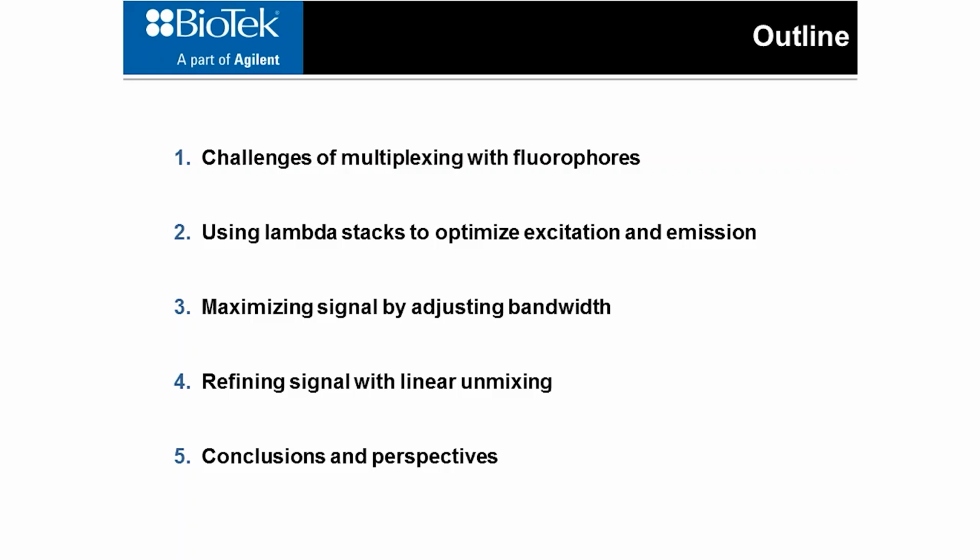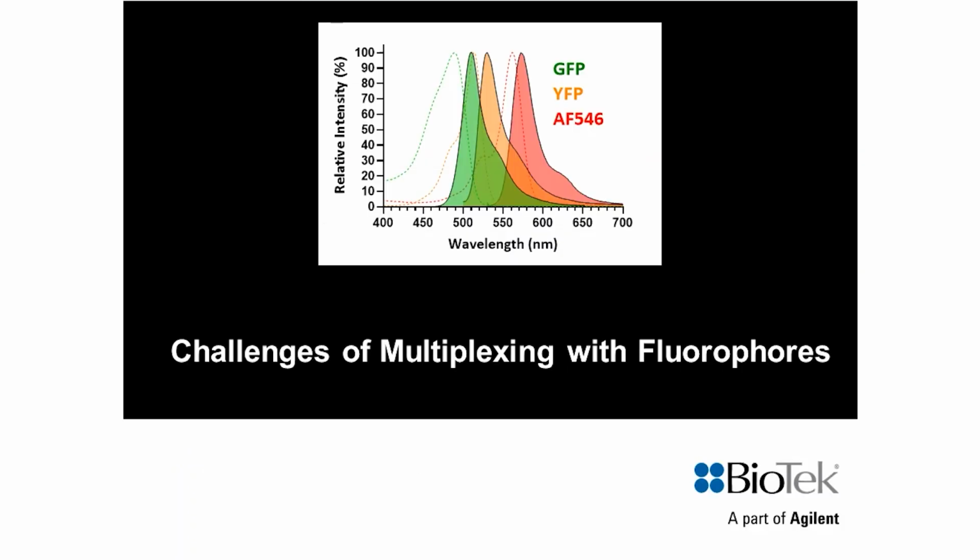I will then demonstrate how variable bandwidth monochromators can maximize your signal, and lastly, how that signal can be refined by linear unmixing. I will then summarize what I discussed and will be happy to answer any questions you may have. So first, let's explore the challenges of working with multiple fluorophores.